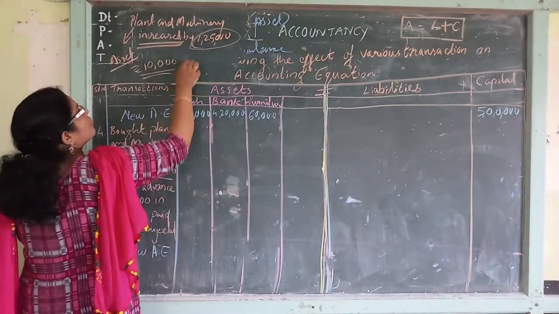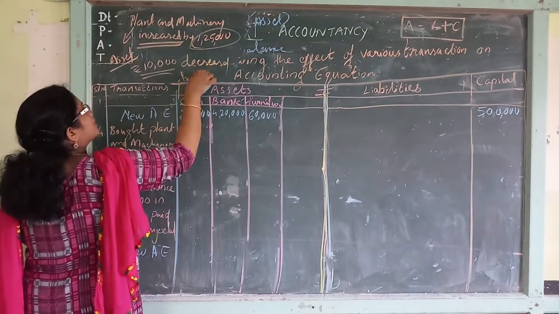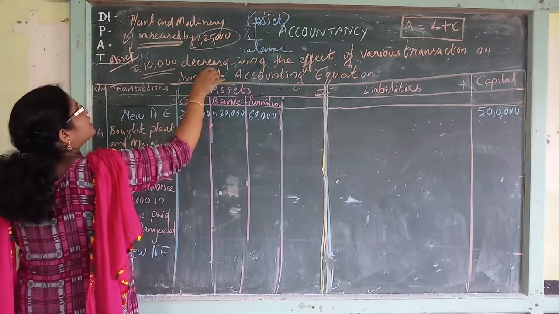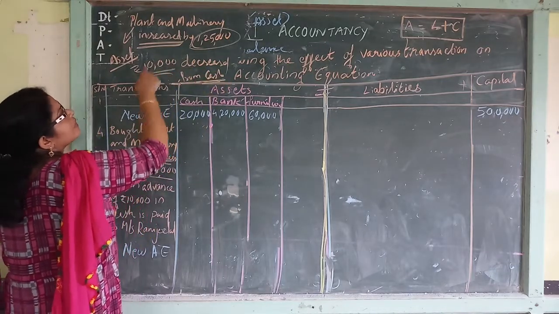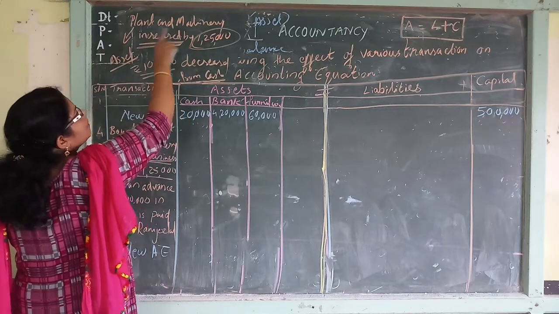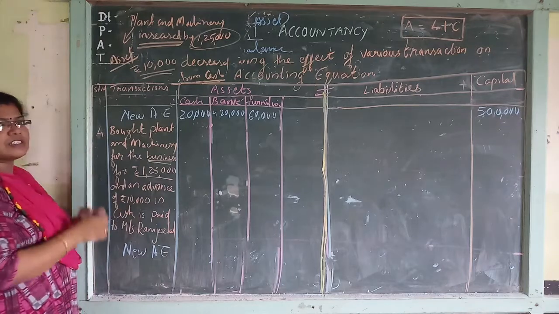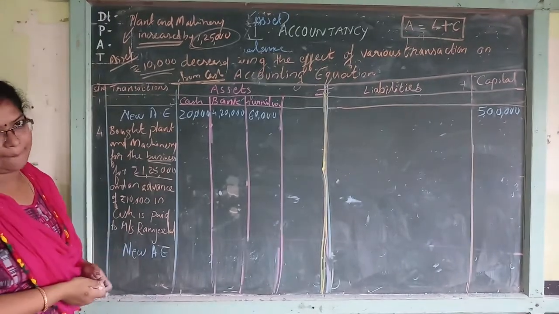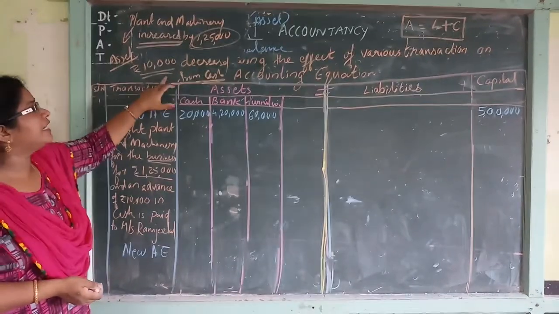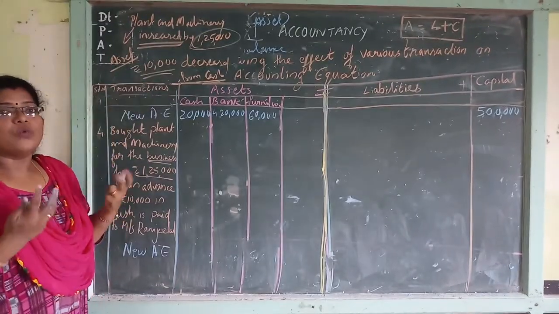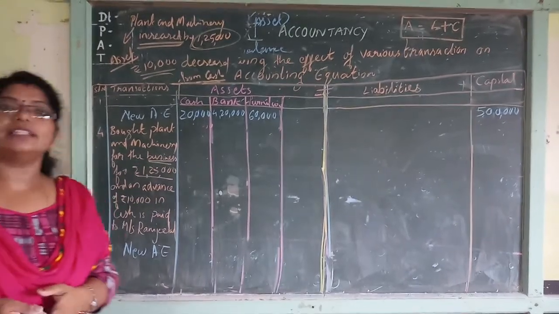So rupees 10,000 decreased from cash. This cash is also an asset. So on one side cash is decreased by 10,000 and one of the assets, plant and machinery, increased by 1,25,000. But this transaction by itself is not balancing. Here 1,25,000 asset increased, but here decreased only 10,000. What is the difference? That difference is 1,15,000.